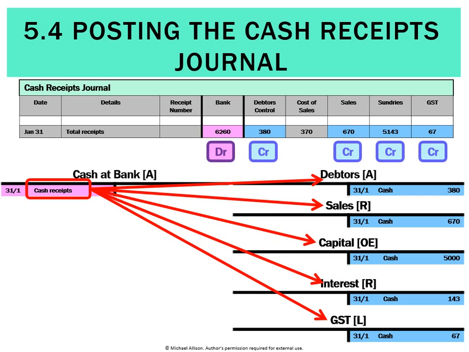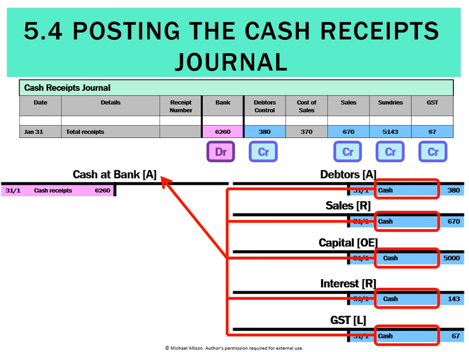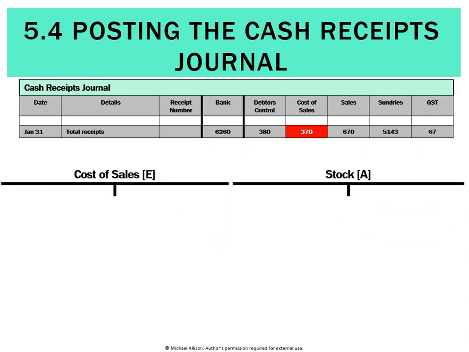So what we do is we just write cash receipts. However, we do need to write the actual name of the matching debit to all the credits. So in the debtors ledger, the sales, capital, interest and GST ledgers, we're going to need to write cash at bank or just cash as our reference.